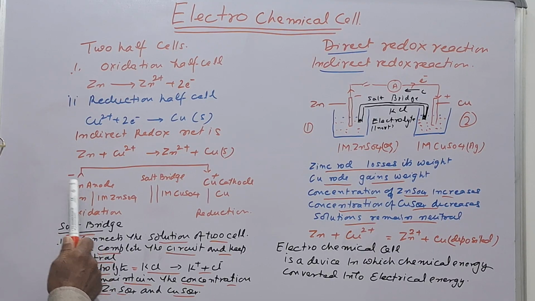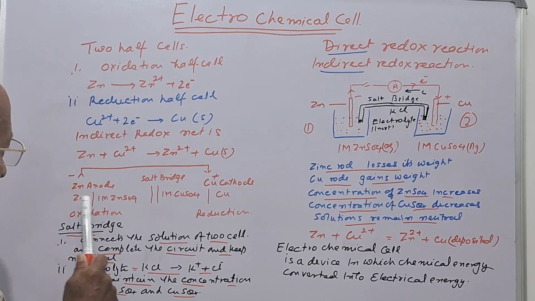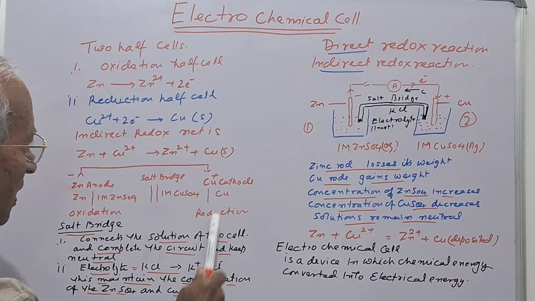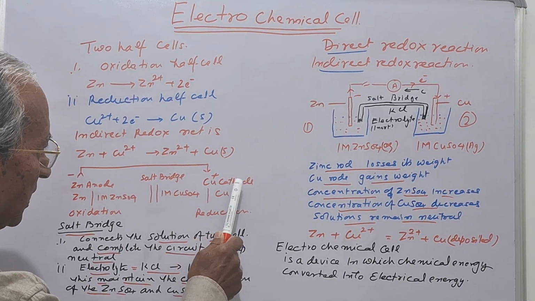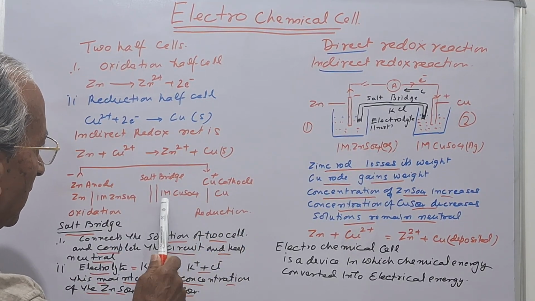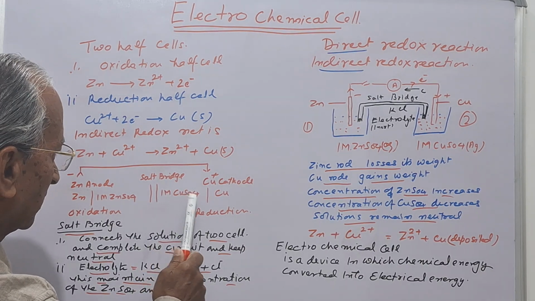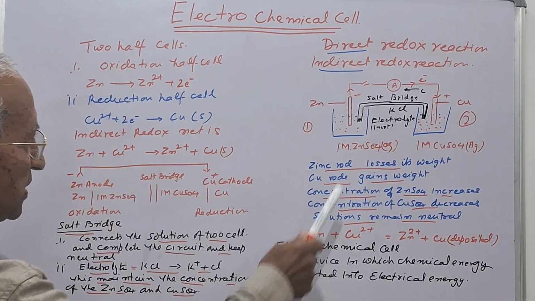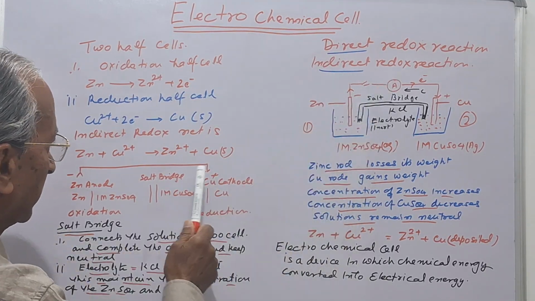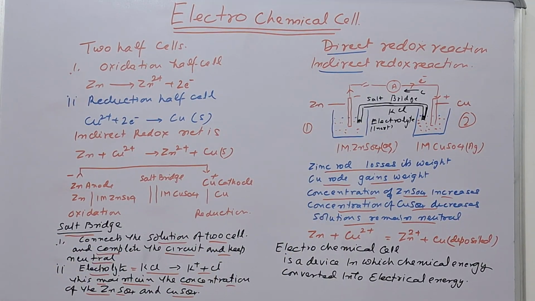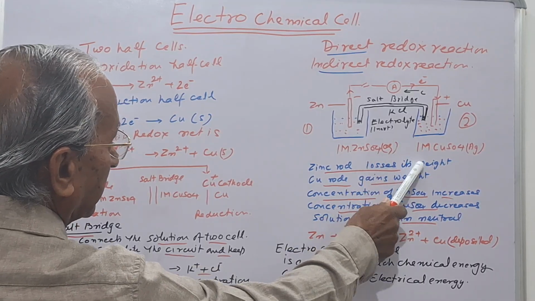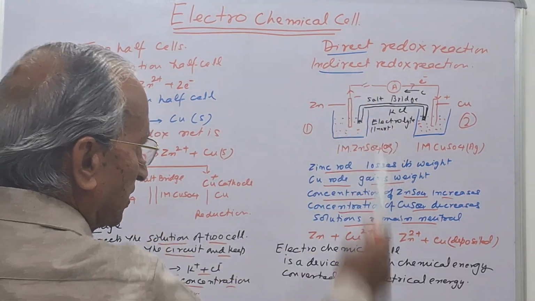Zinc anode is immersed in 1 molar solution of zinc sulfate. On the other hand, copper cathode, copper and the 1 molar solution of copper sulfate, and in between is the salt bridge. So this is how to represent this indirect redox reaction. Understand? So two half cells are there which together give the indirect redox reaction.